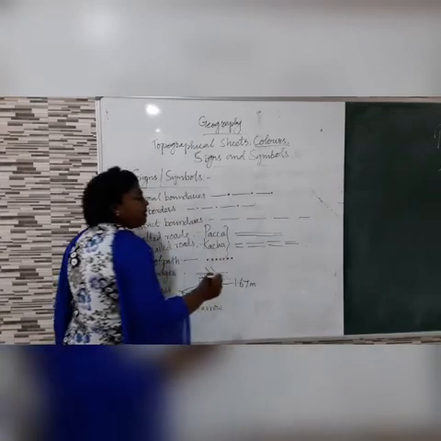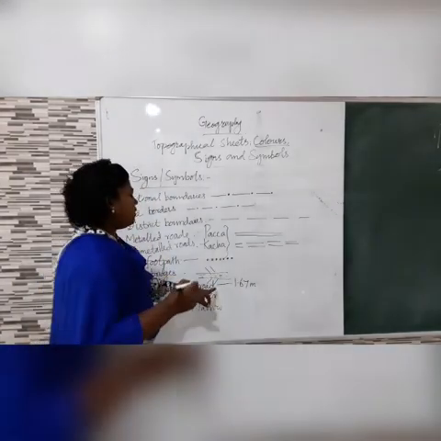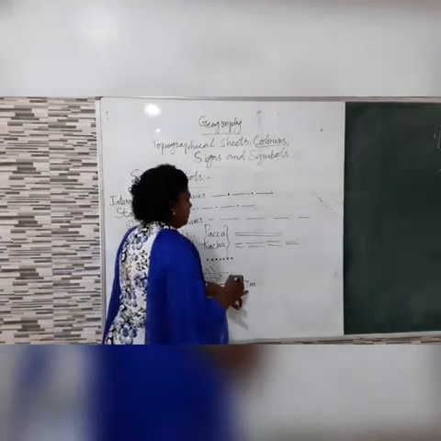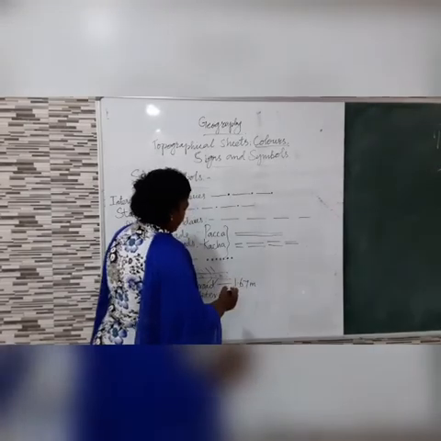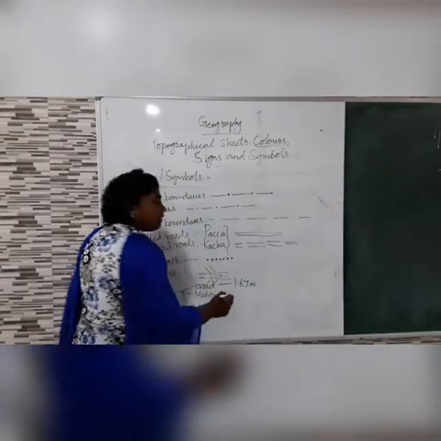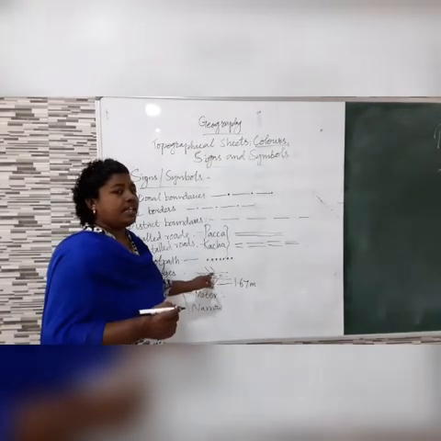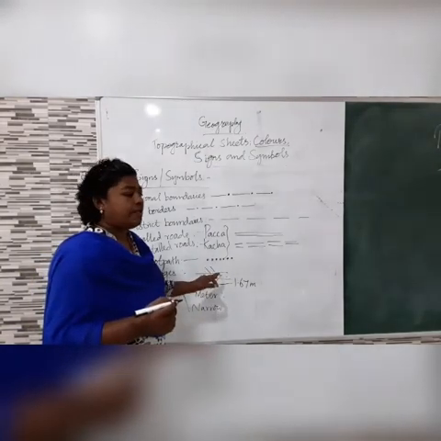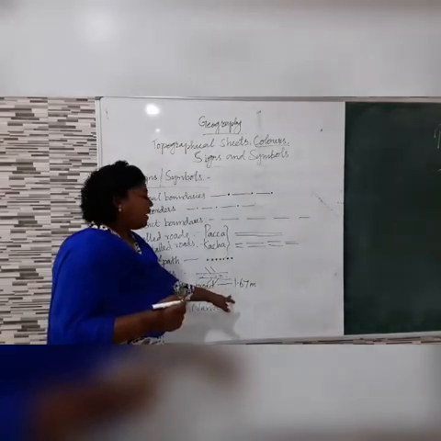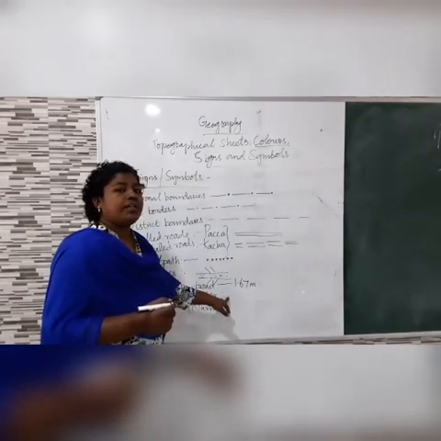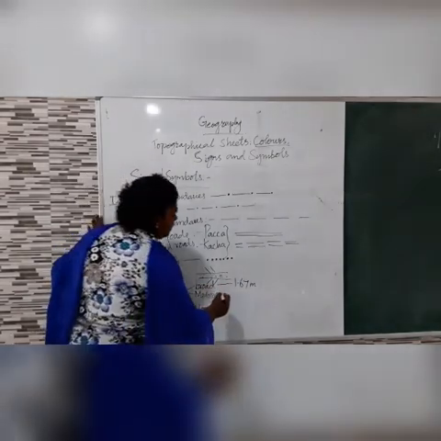What's the distance between two tracks in the broad gauge? 1.67 meters. The meter gauge is used in the interior areas where there is less development. Here the distance between two tracks is 1 meter.